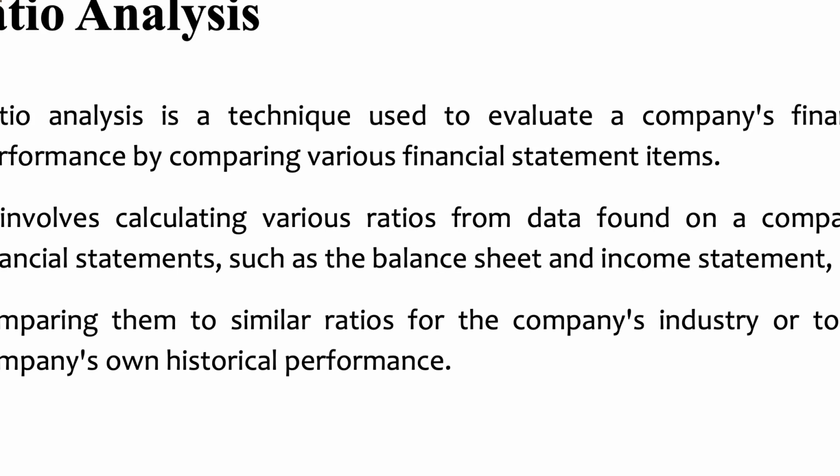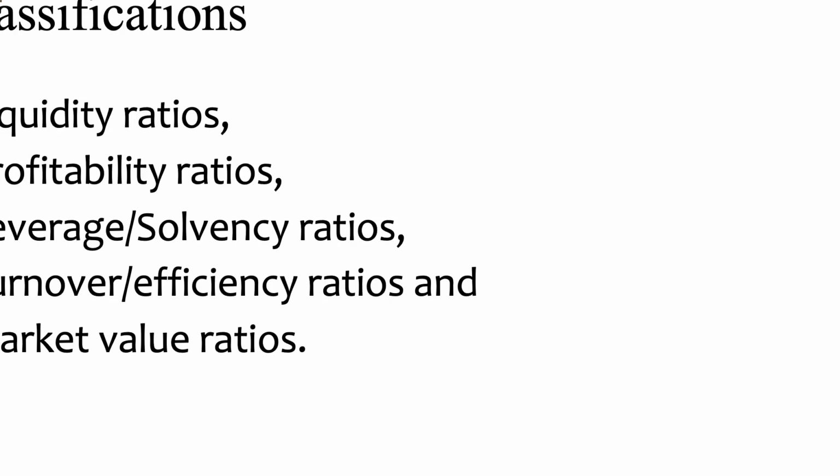So when you have ratios for the last 3 years and you compare against the recent ratio, you should be able to know whether the firm is performing relative to the previous year or performing better than the previous years. We have different classes of ratios.